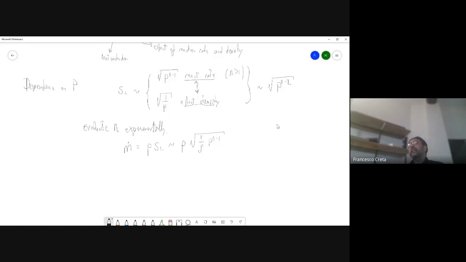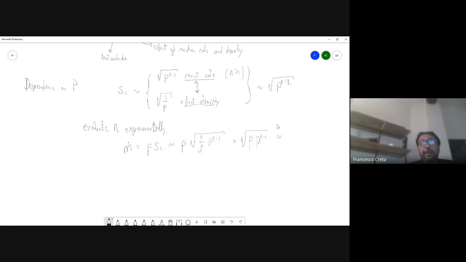I'm only highlighting the dependence on pressure, not the dependence on temperature or the other constants like lambda and Cp. So you can take this rho inside, and essentially you have the square root of rho and P to the n minus 1.